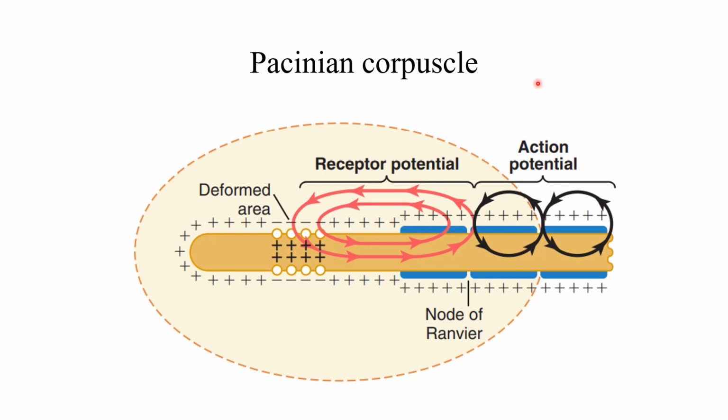An example is the mechanism of adaptation in the Pacinian corpuscle, which is a type of pressure receptor that we said is an encapsulated nerve ending. Because it's a mechanoreceptor, when there is a mechanical stimulus, that's a pressure, that will lead to deformation of this area.